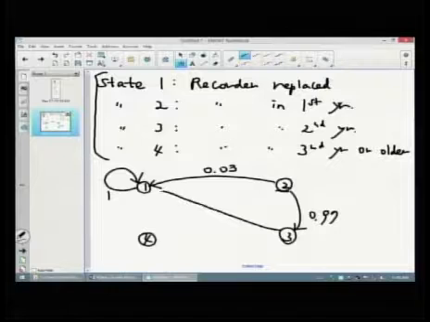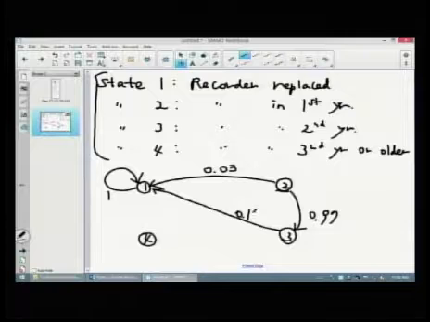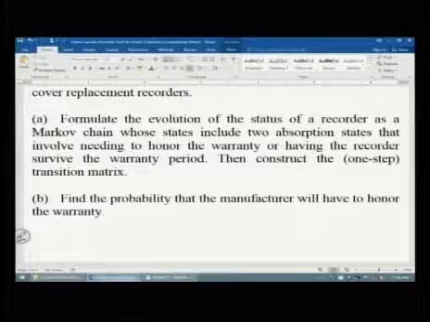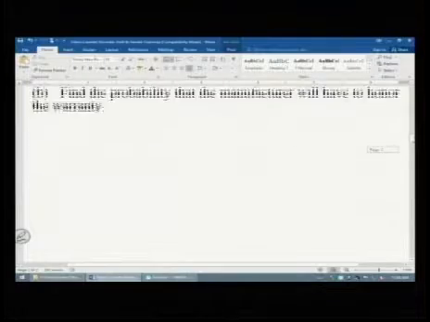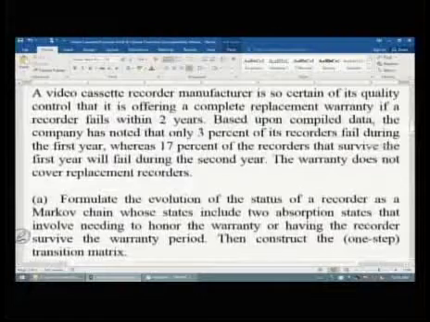Likewise, from state 3 it will be replaced with 17%. Right, that's 17%.